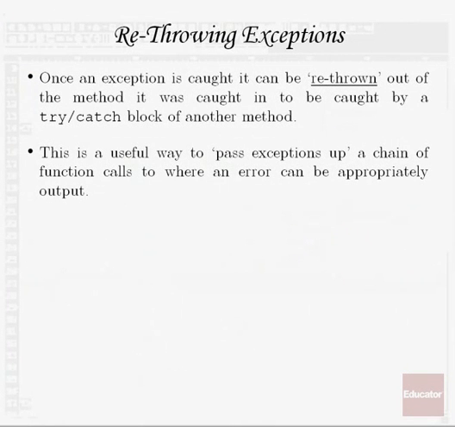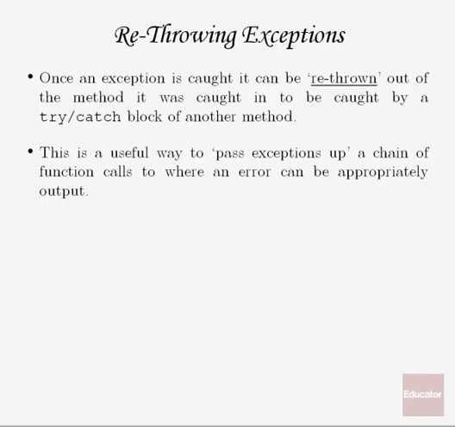So one thing that you can also do is rethrow exceptions. That means that if you catch an exception, instead of handling it and just outputting an error message, you can rethrow it. We just learned that you can throw an exception within a method, and if there's no catch block for it, it'll be caught in whatever script called it, assuming there was a try-catch block there.